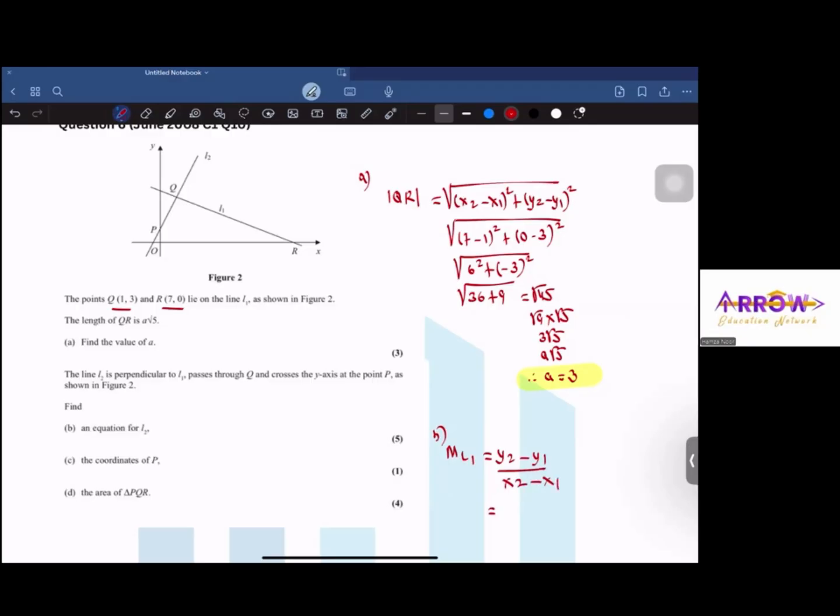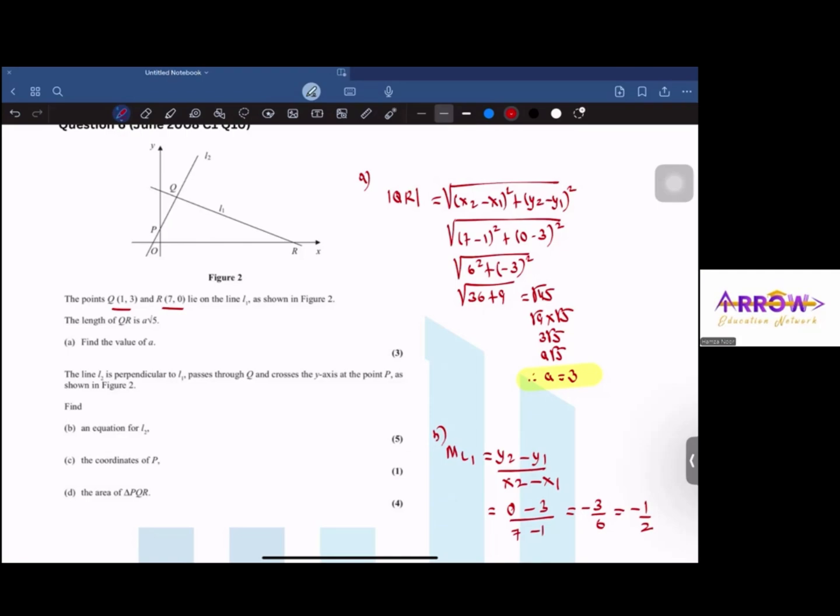So the gradient of the line L1 is, the y coordinate of R is 0, so 0 minus 3 divided by 7 minus 1. So minus 3 over 6, meaning the gradient of the line QR is minus half, meaning the gradient of the line L1 is minus half.